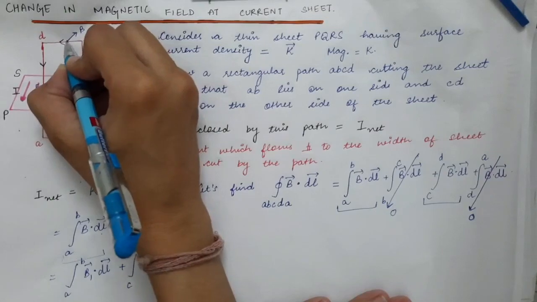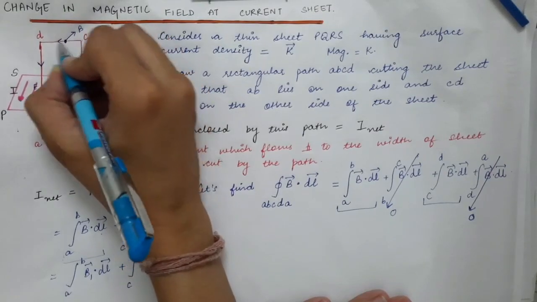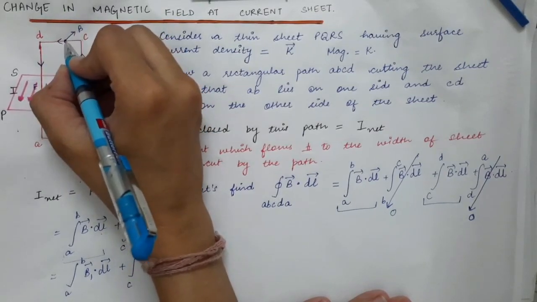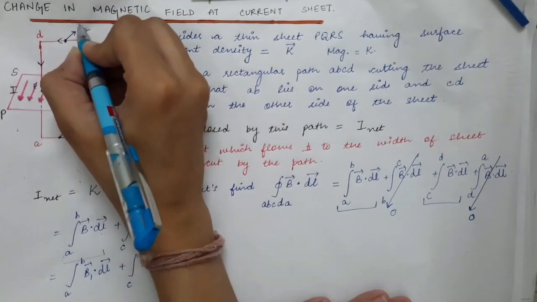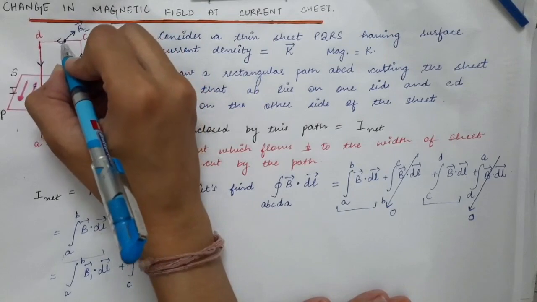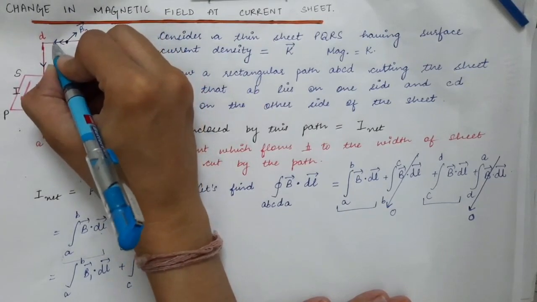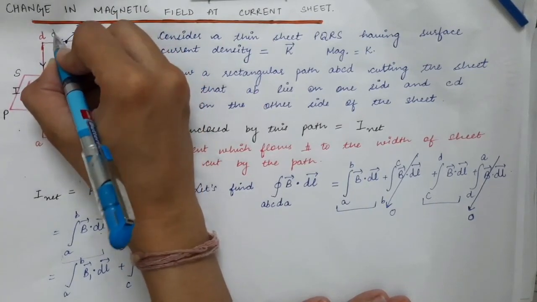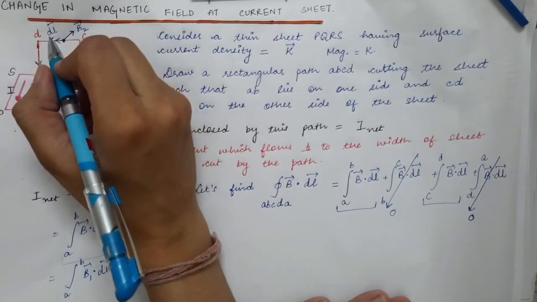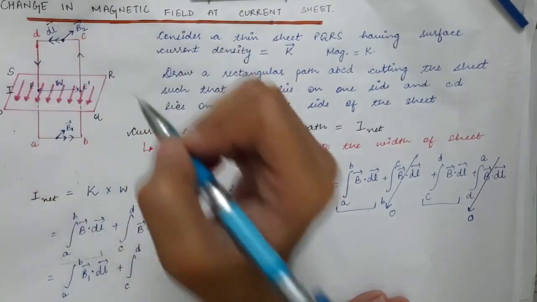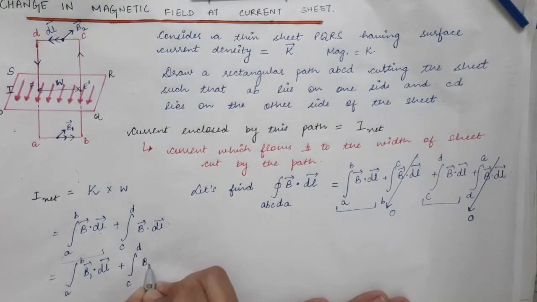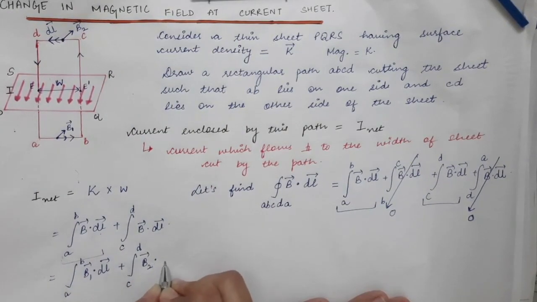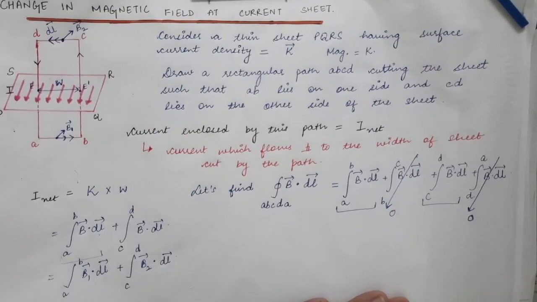Let's say we have taken a single point on this segment, and at this point the magnetic field is the B2 vector, and the DL vector will be pointing in this direction because we are moving in the anti-clockwise direction. So this will become B2 vector dot product with DL vector.